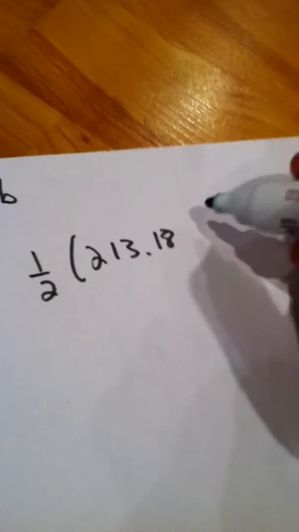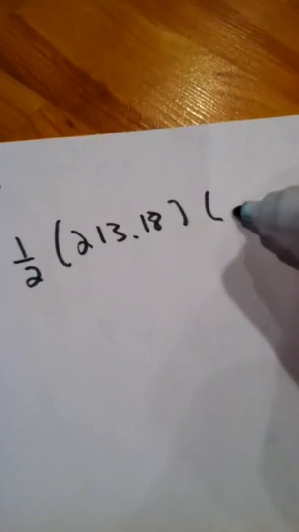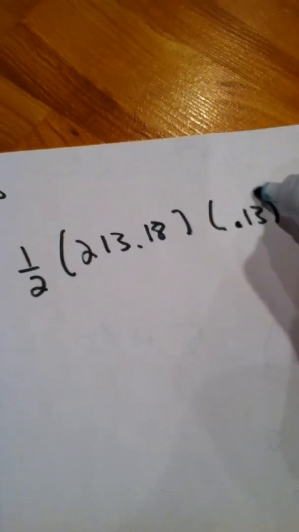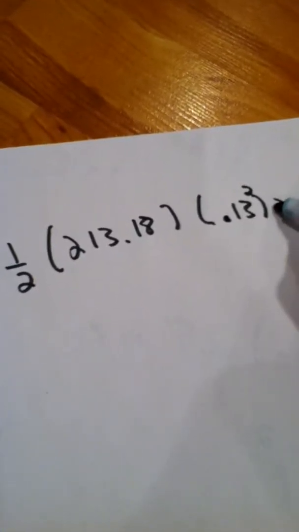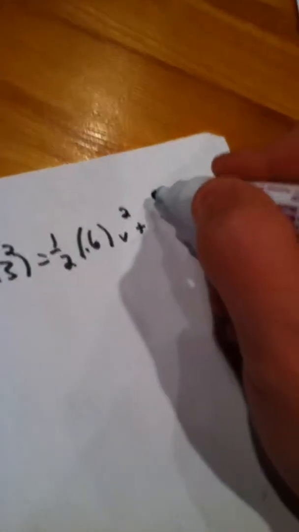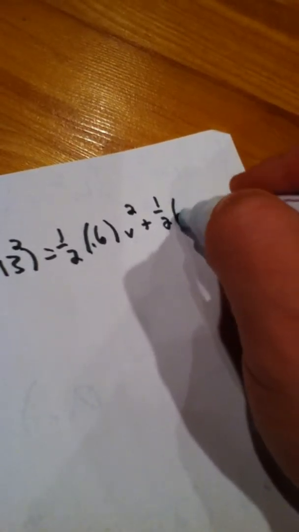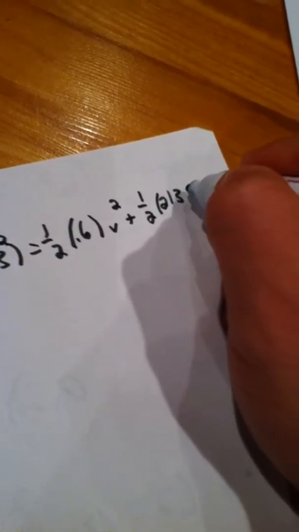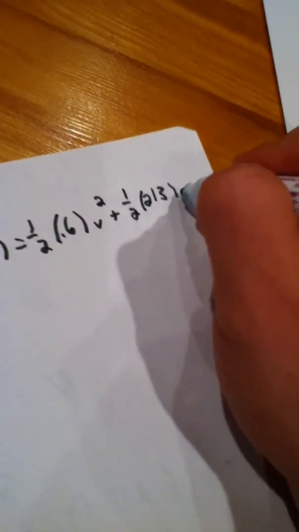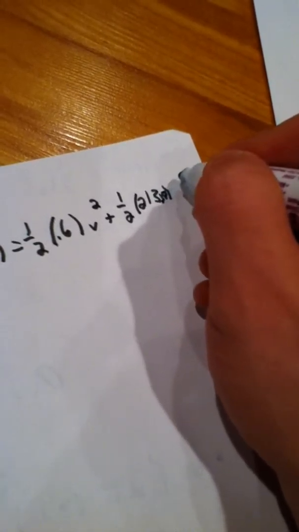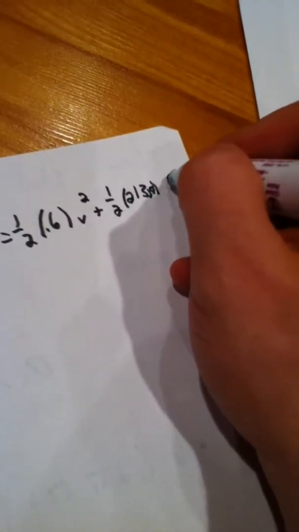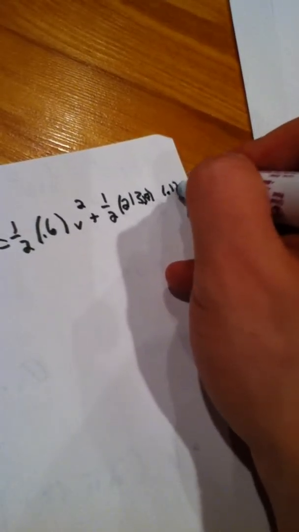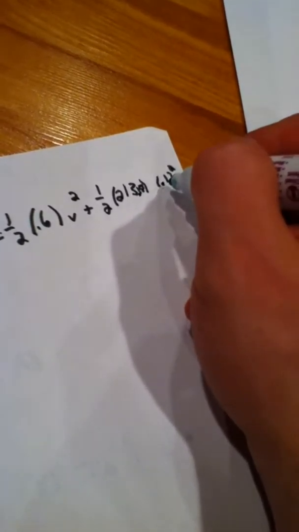213.18, which again is our K, times 0.13 squared, which is our amplitude, equals 1/2 times 0.6, our mass, v squared, which is what we're looking for, plus 1/2 times 213.18, once again our K, times 0.1 squared.